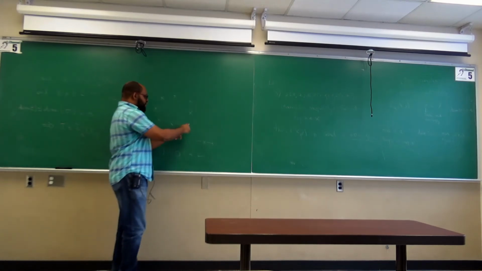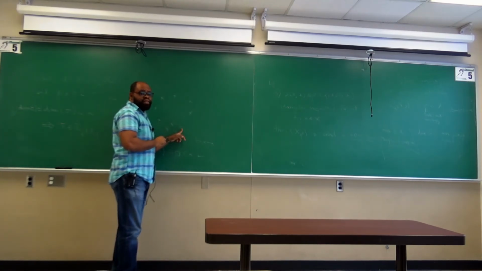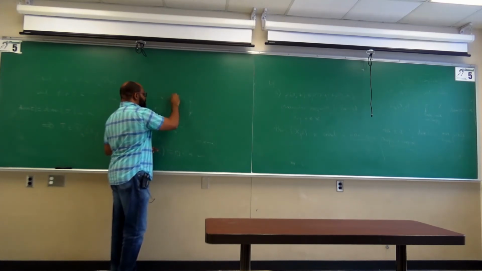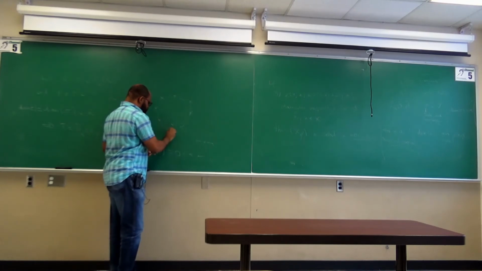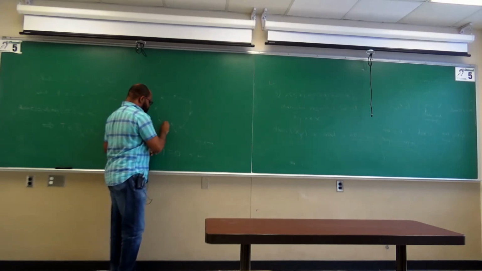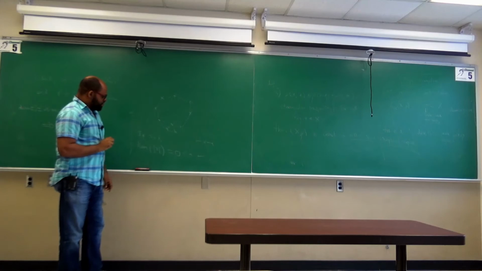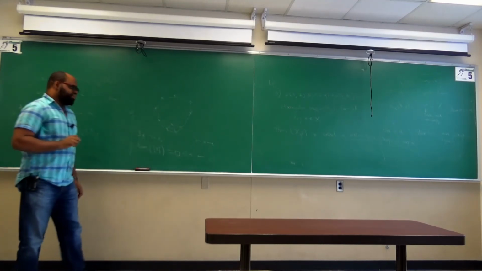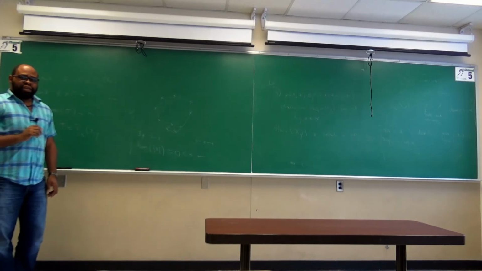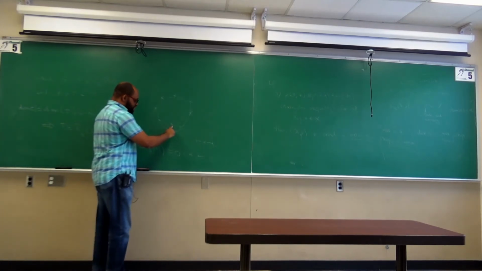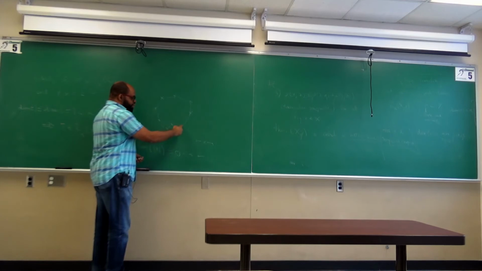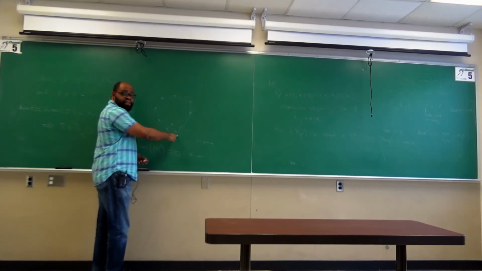Now, if two points are at a distance less than alpha, then I have an edge between them. And if this distance is less than alpha, this is less than alpha, and this is less than alpha, then the diameter of this set is also less than alpha.